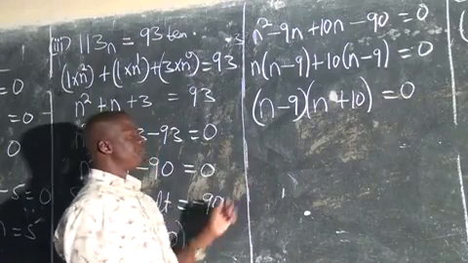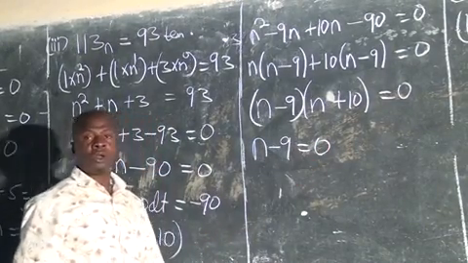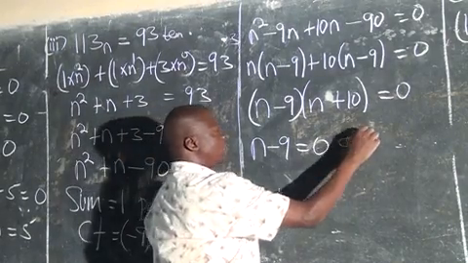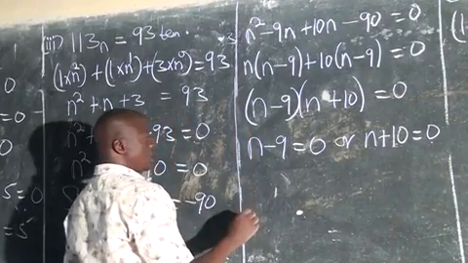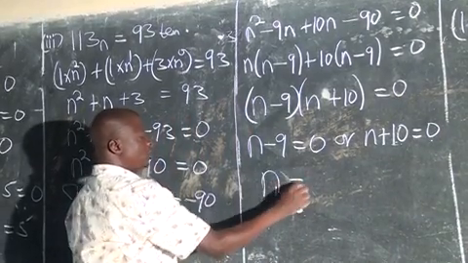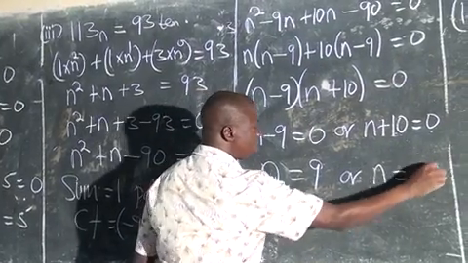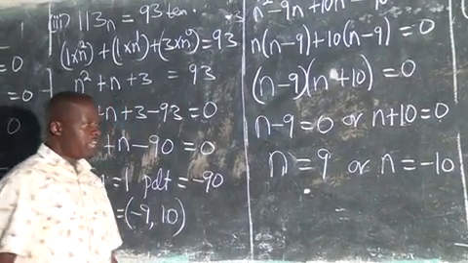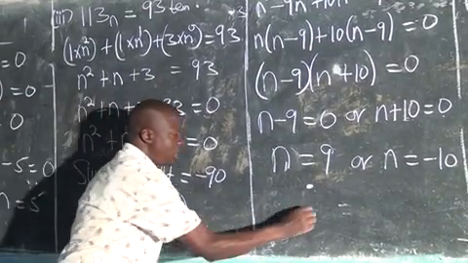For either n minus 9 is 0 or n plus 10 is 0. We say that n equal to 9 or n equal to negative 10. We don't have a negative base, that's why we need to do a conclusion.